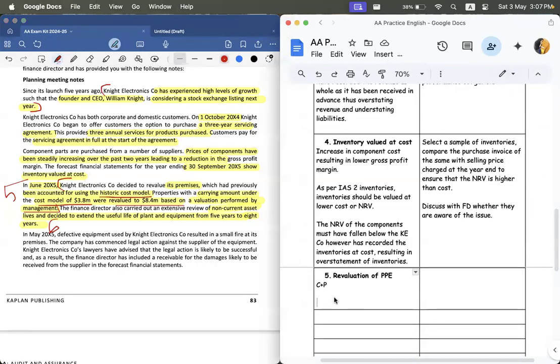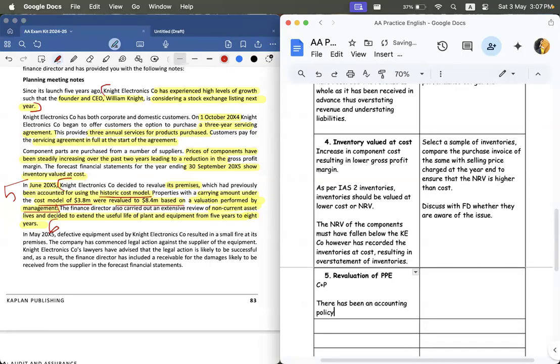Okay. Now, there is a change in accounting policy. This is not an IAS standard as per se, but this is an accounting policy change, right? And we can see that there's a significant difference between the carrying value of the item and the revalued amount. Clear? So we're going to mention that.